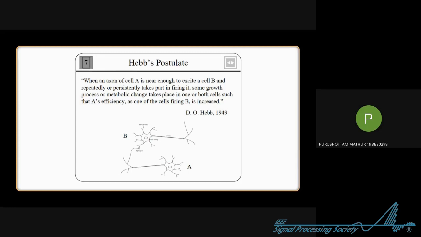This is the basic example which I can give you. Just between the two, someone is giving something to him and someone is returning or something like that. The relation or the bond between the two increases. Bond strength will be increased. So that's what Hebb postulate is.